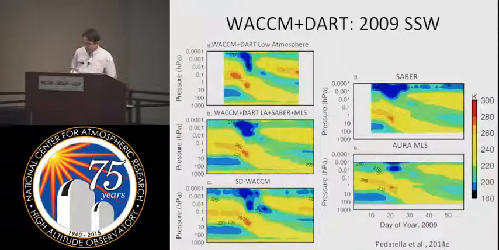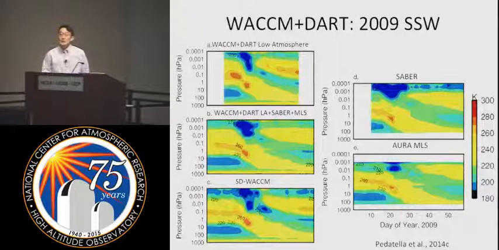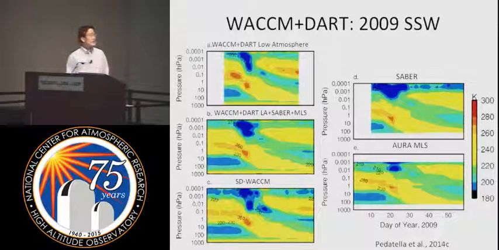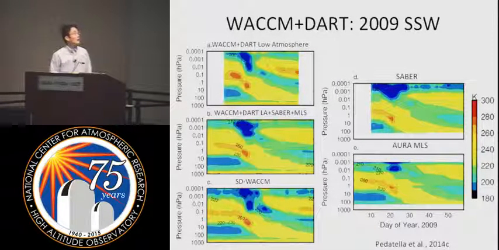So what he did then is try to use data assimilation to constrain this, and he made some further model runs. Actually, he developed this WACCM-DART, which stands for Data Assimilation Research Testbed. It's in collaboration with Jeff Anderson and Kevin Raeder at NCAR.